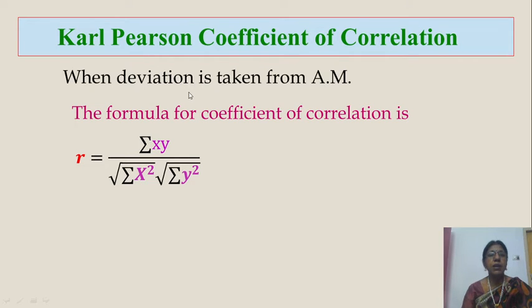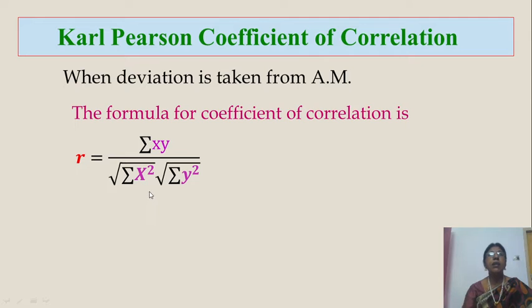The first formula is based on the mean, that is, the arithmetic mean. The symbol for the coefficient of correlation is gamma. Gamma is equal to sigma XY, capital X capital Y, by root of sigma X square into root of sigma Y square.